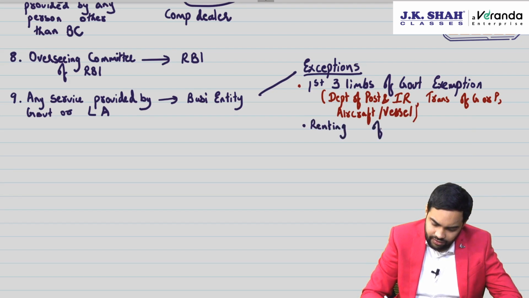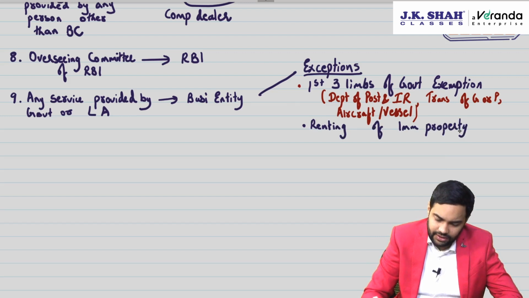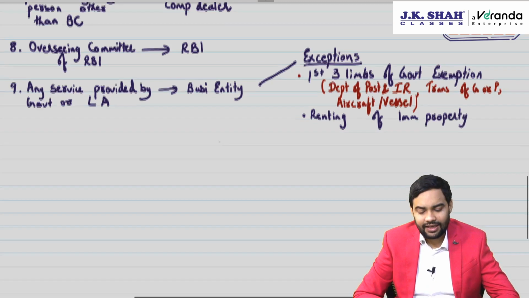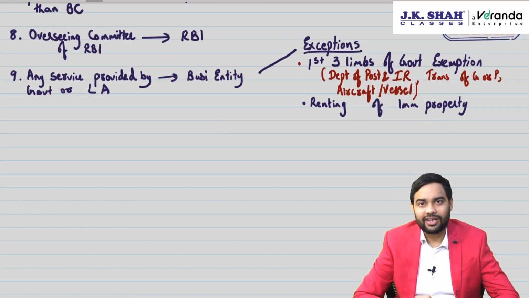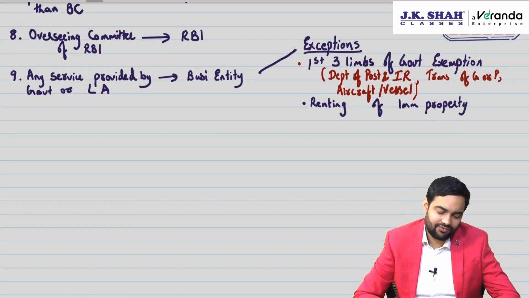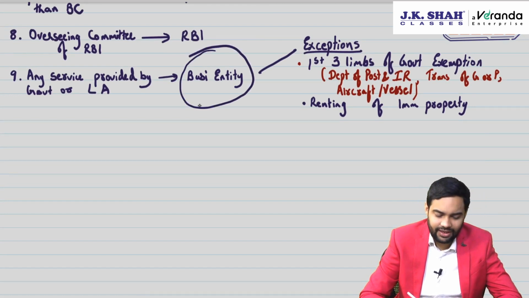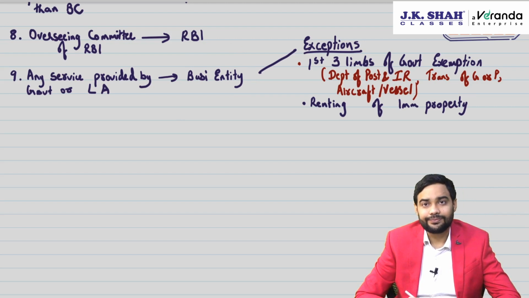Because if the government is giving a property on rent, still it is not covered by this RCM. But don't worry, government wanted to bring it under RCM and hence they added renting in the next point. But the language is a bit different. There it does not depend on business entity, it depends on registered or unregistered person.